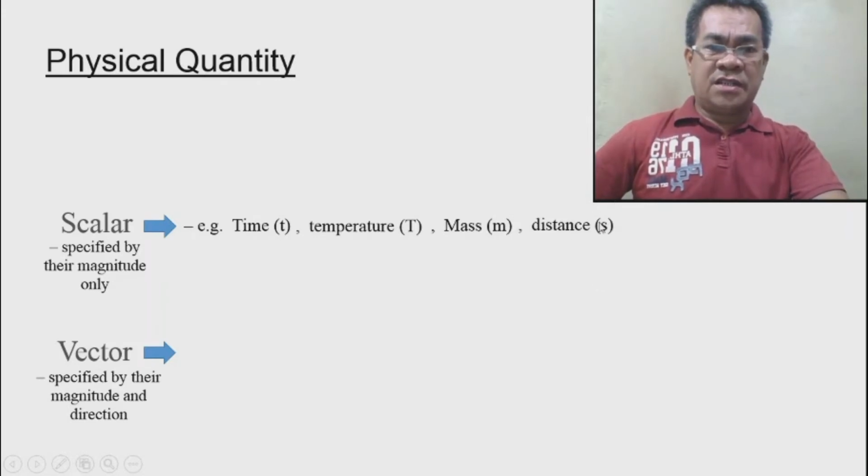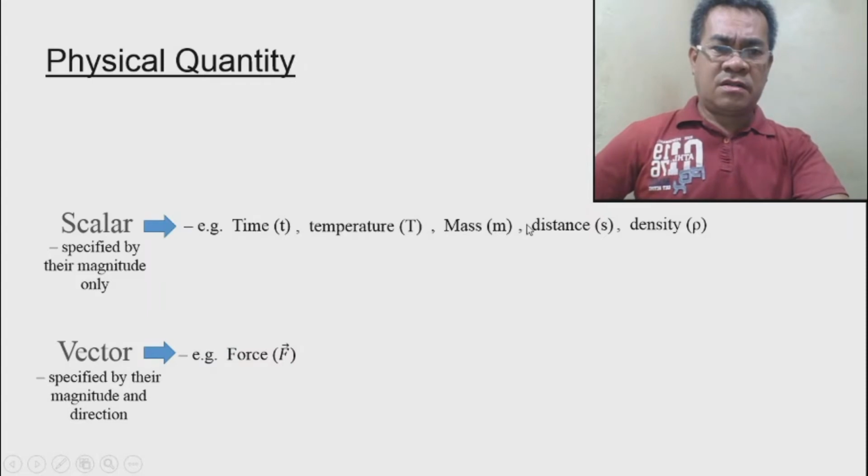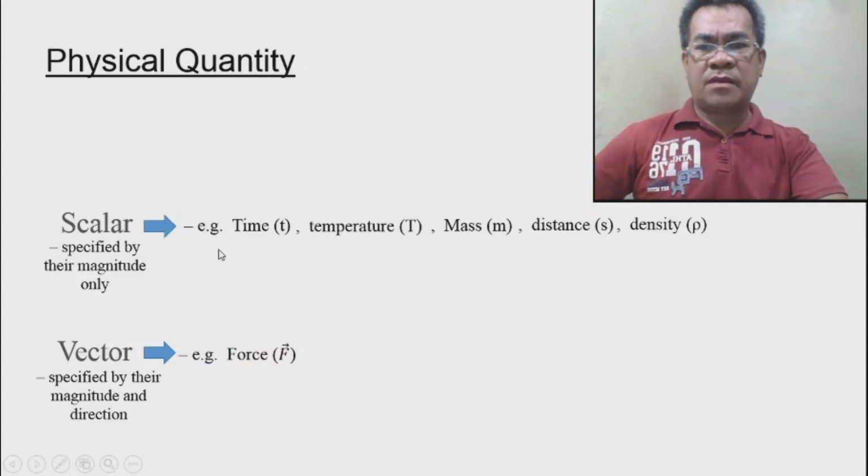Distance is also scalar because distance is the length between two points. Then density is also scalar. It doesn't have direction. So there are many quantities that belong to the scalar quantity.